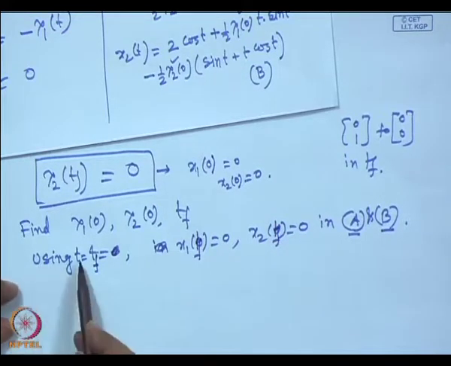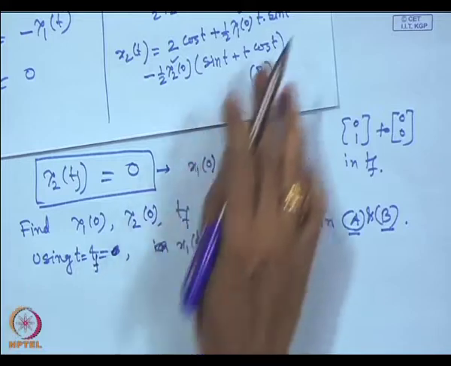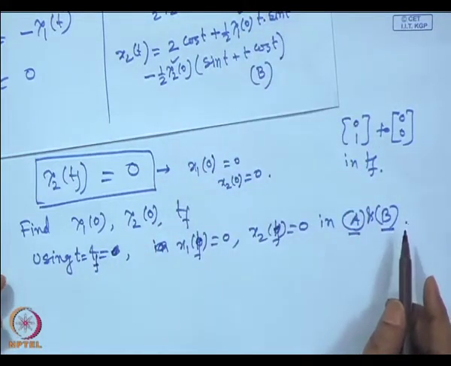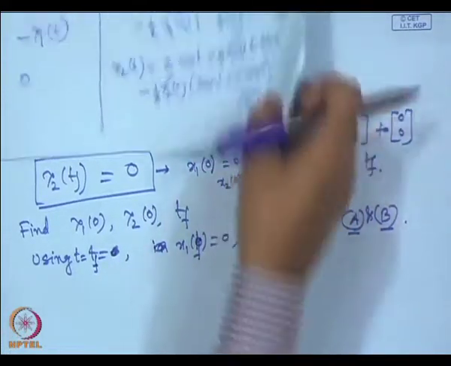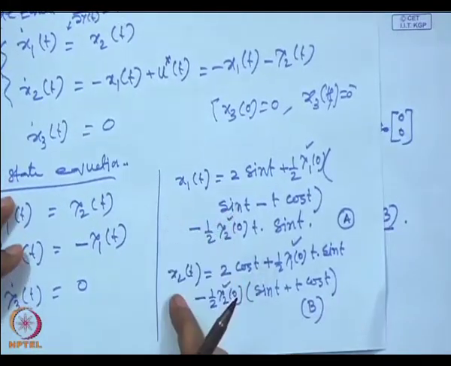Agree? Using t is equal to Tf. So in equations 1 and 2, how many unknowns are there?